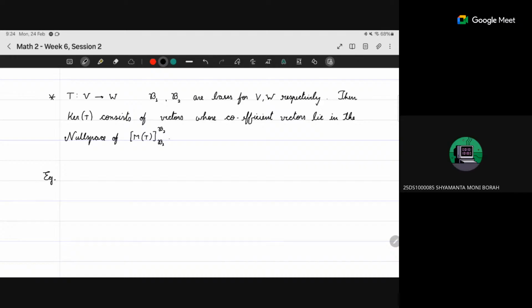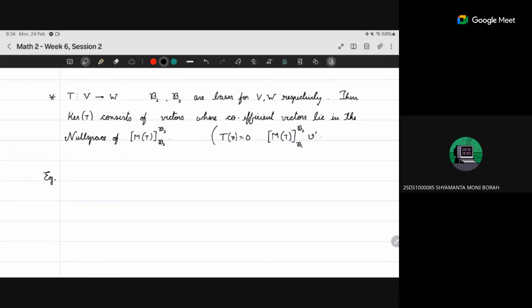So the null space of the matrix consists of the coefficient vectors of all the vectors in the kernel, correct. And that is believable, because the kernel is vectors which go to 0. The null space is something like this matrix times this vector, say v prime.